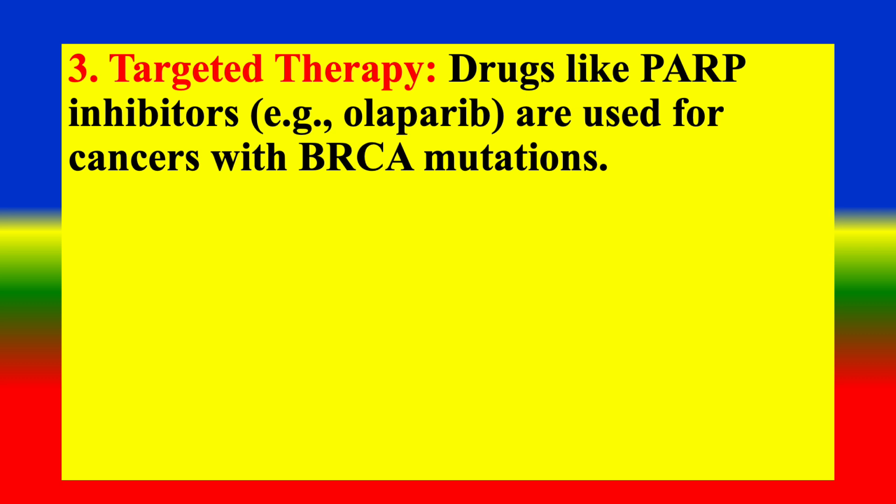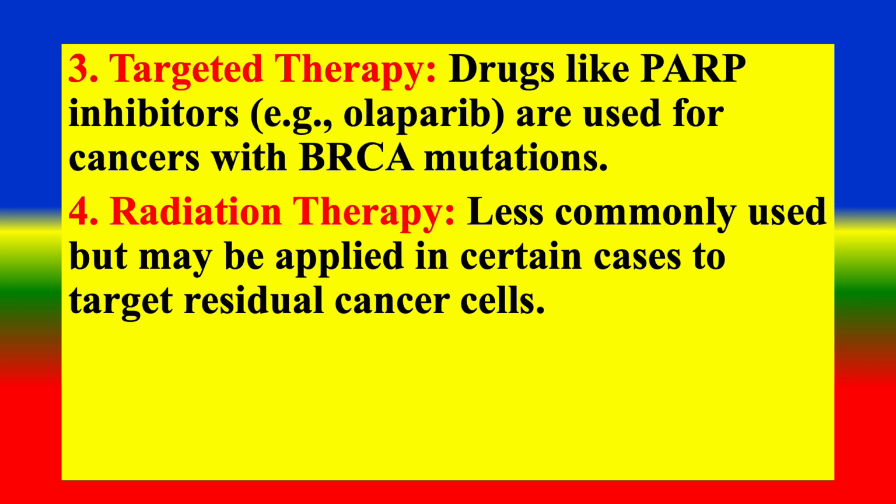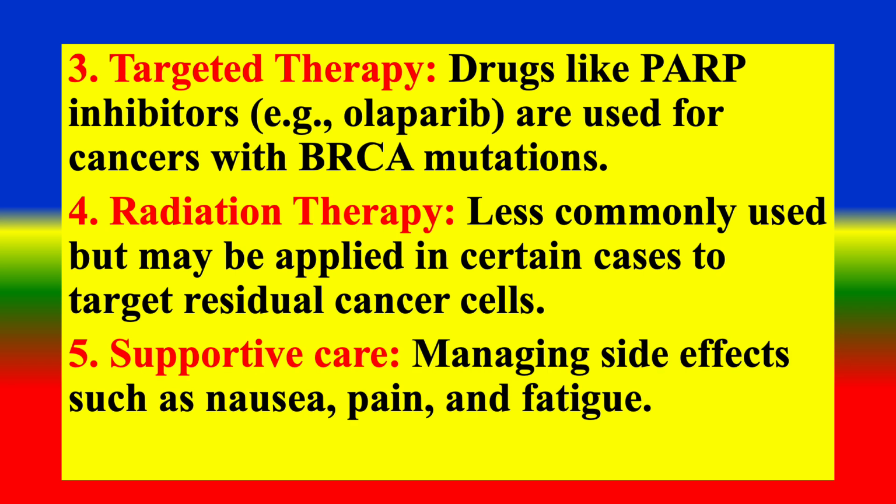Targeted therapy. Drugs like PARP inhibitors are used for cancers with BRCA mutations. 4. Radiation therapy, less commonly used but may be applied in certain cases to target residual cancer cells. 5. Supportive care, managing side effects such as nausea, pain and fatigue.